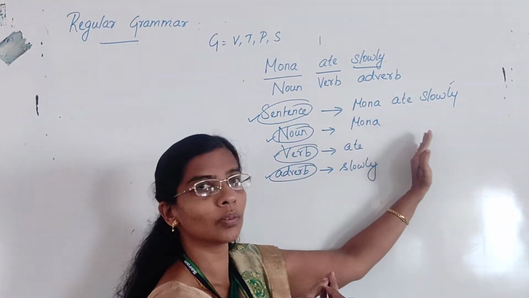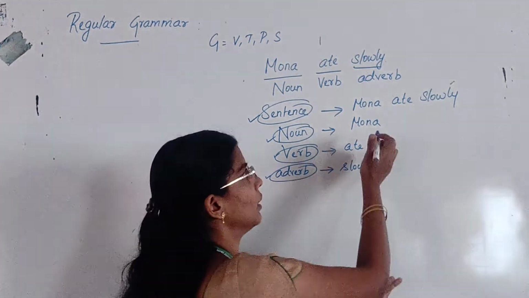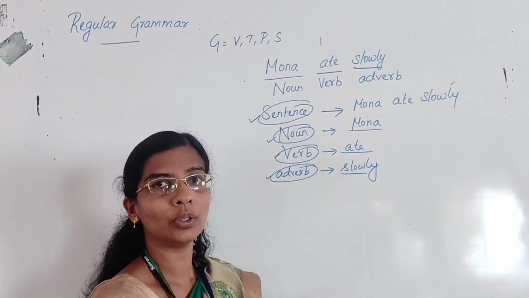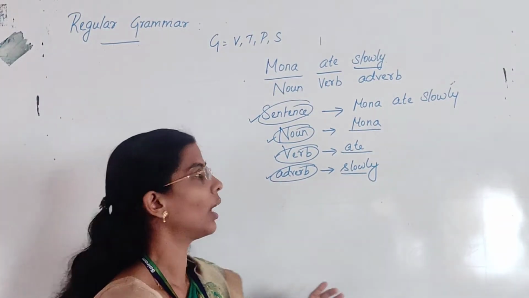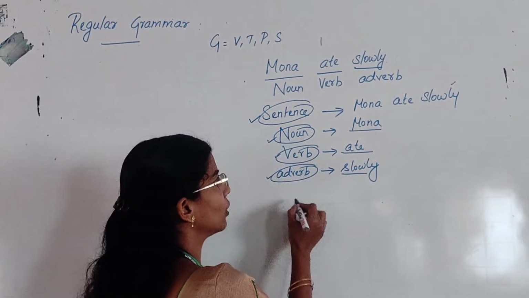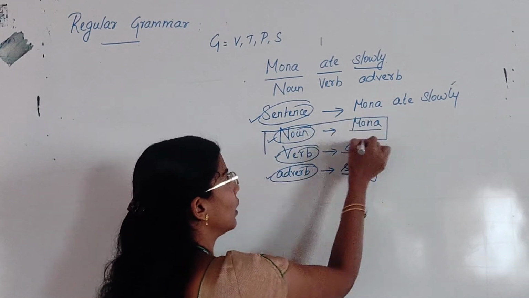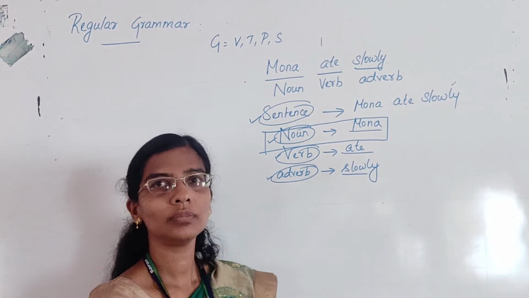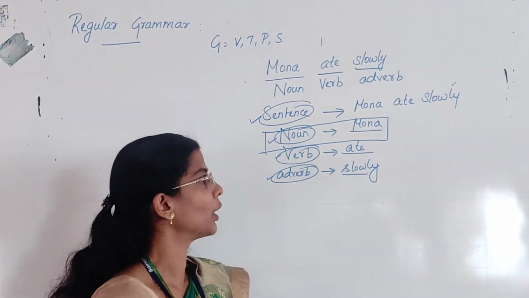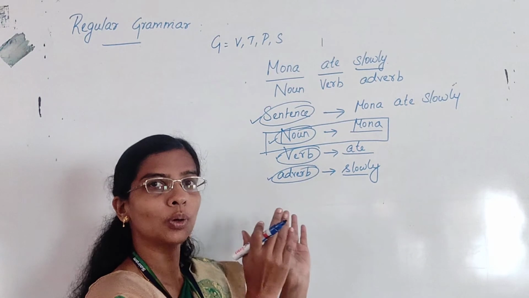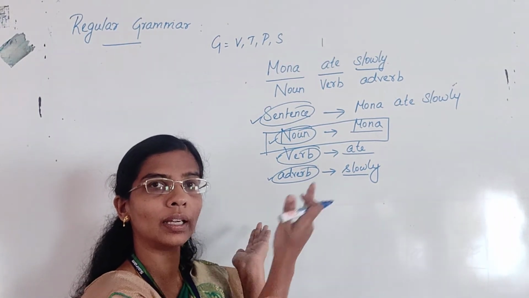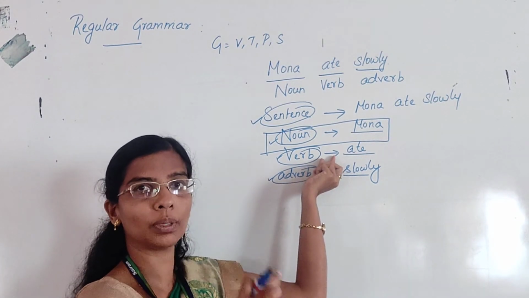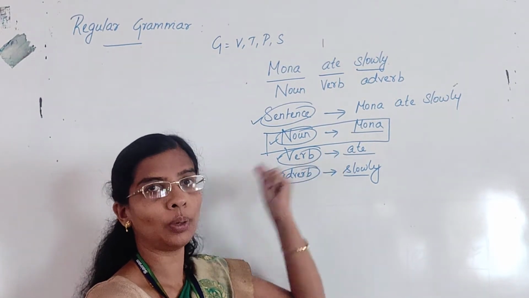And the right hand side, Mona ate slowly, these are your terminals. And the complete thing is your production. So production will have left hand side and right hand side. In between, I have this simple arrow symbol. So these are your productions.